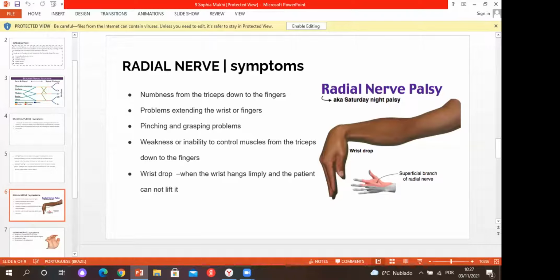So there'll be numbness in muscles like the triceps and biceps, and problems extending the wrist or fingers, pinching and grasping problems, weakness or inability to control muscles from the triceps down the finger, and wrist drop. Also the pain is sharp and burning.